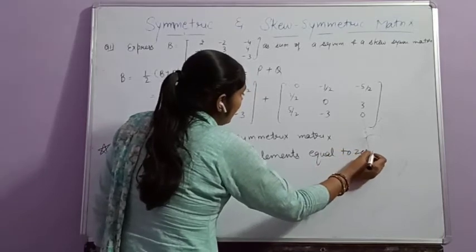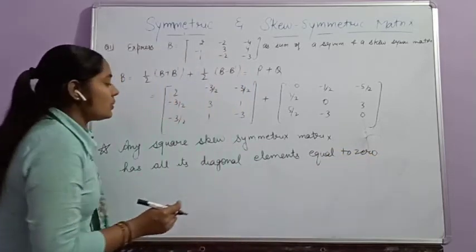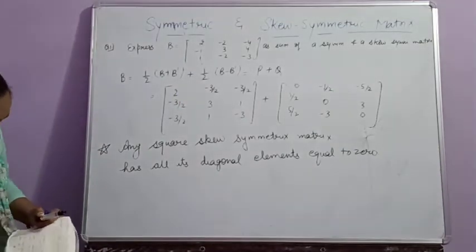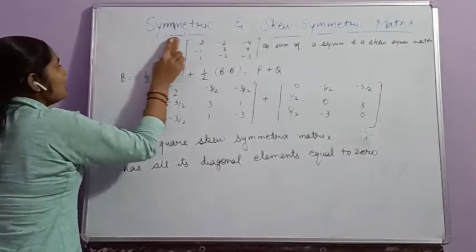It means diagonal elements of a square skew symmetric matrix is always equal to 0. Clear? Next question.